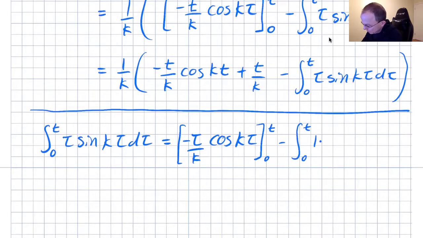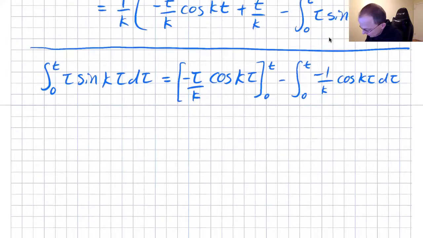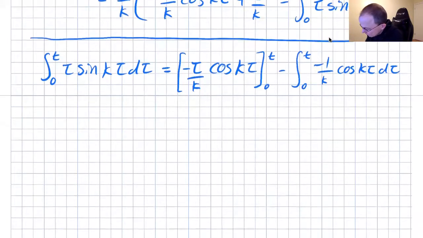So maybe I'll just write this as negative 1 over k cosine k tau d tau. Okay.